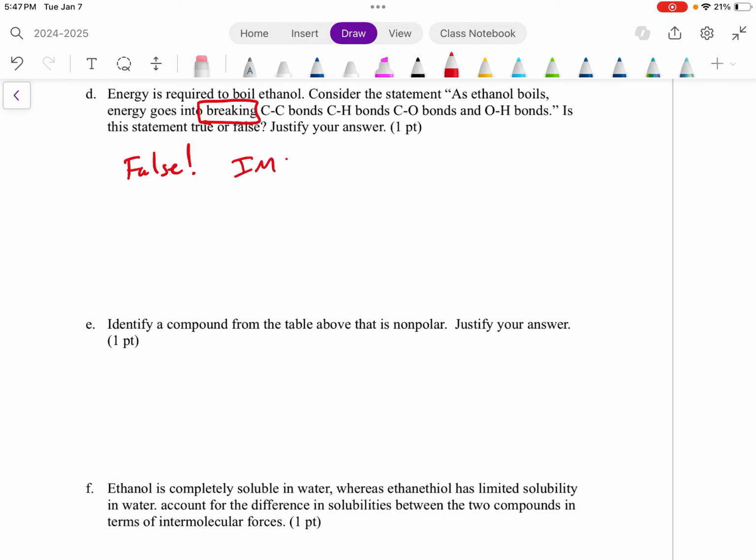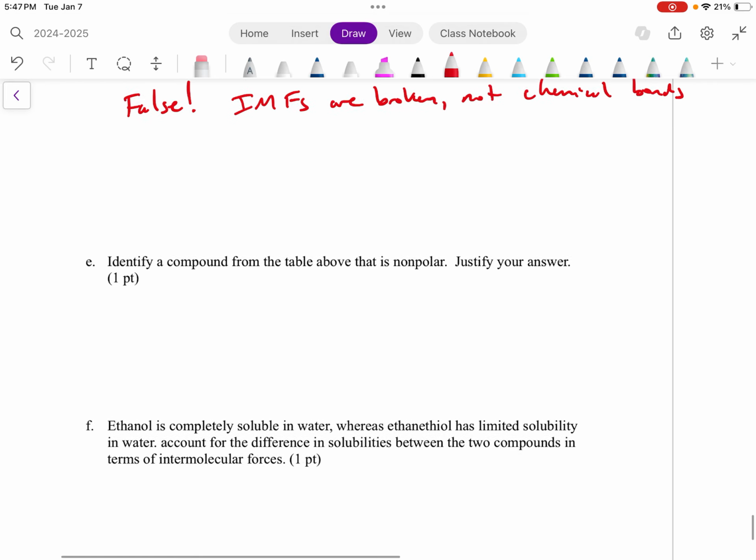The only thing being broken is IMFs. IMFs are broken, not chemical bonds. Boiling is spreading out of the molecules. You are not changing the integrity of the substance. So that's a really, really key point. It's not breaking bonds.